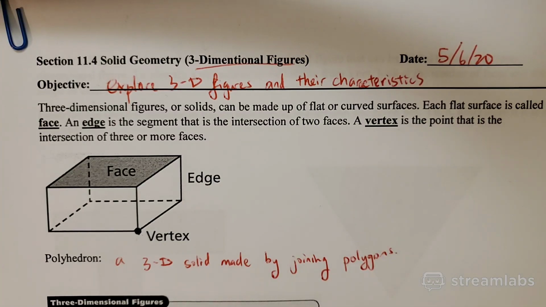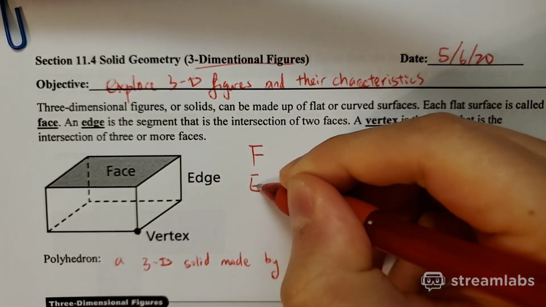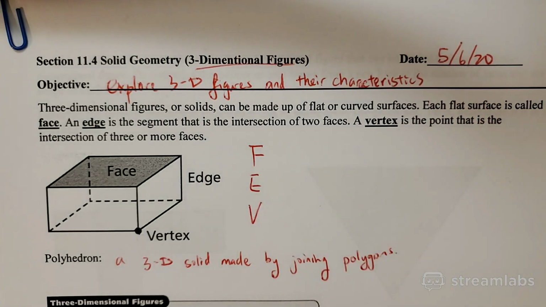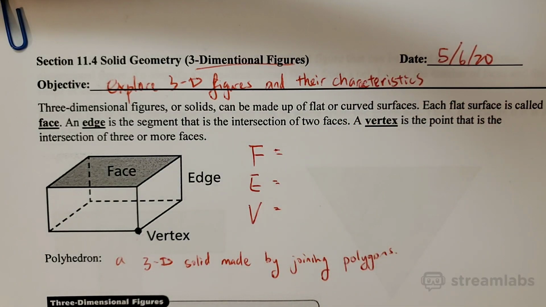All right. Before we continue, just look at this. Okay, can you count how many faces, how many edges, and how many vertices? Can you count? How many vertices, how many faces, and how many edges?